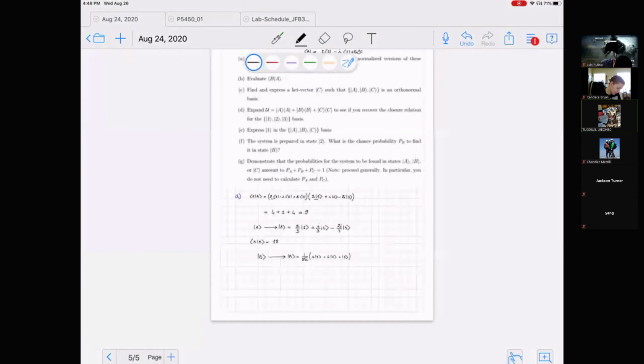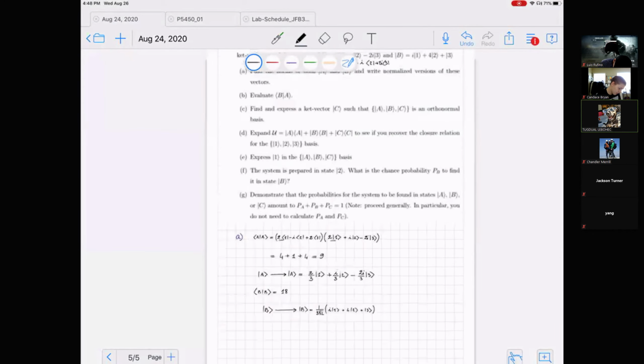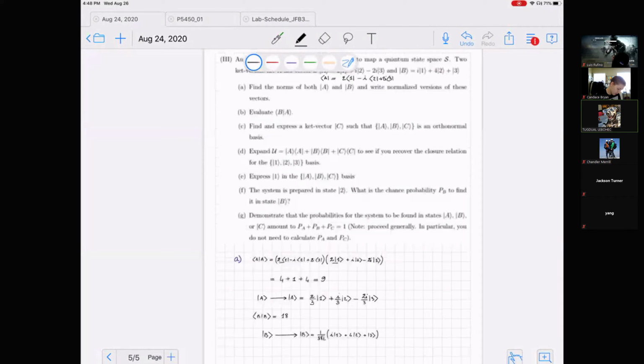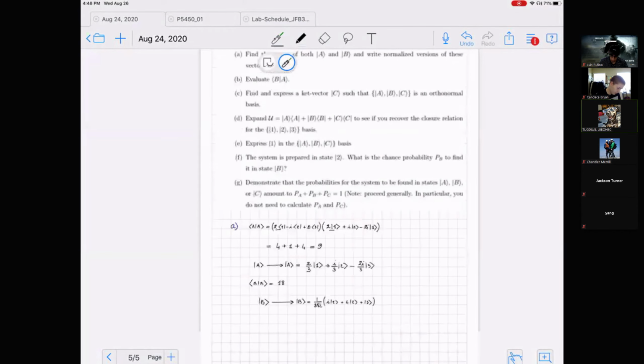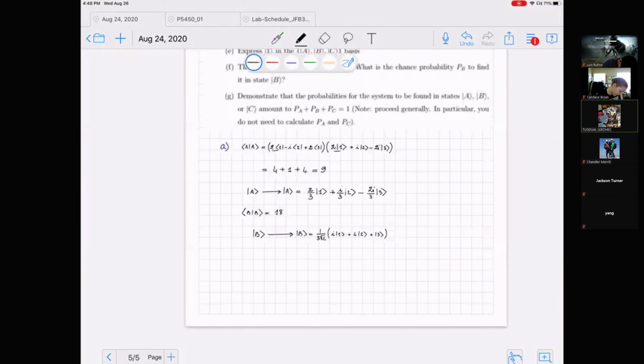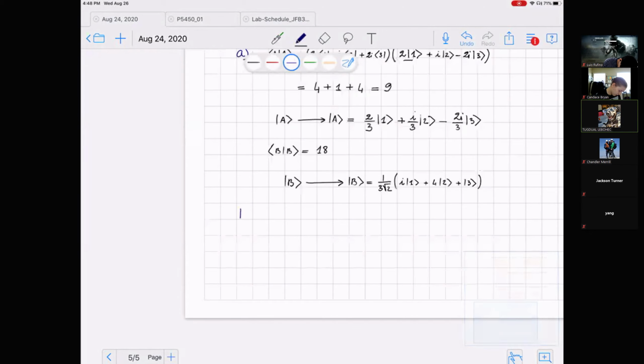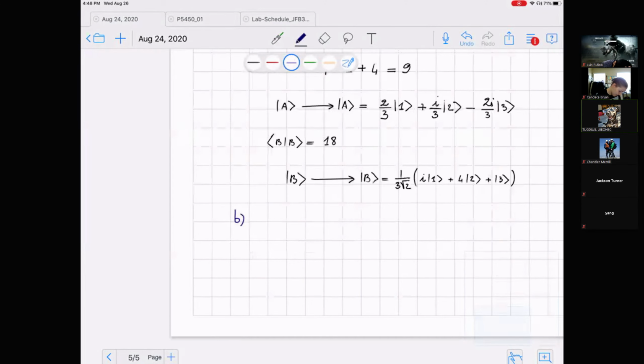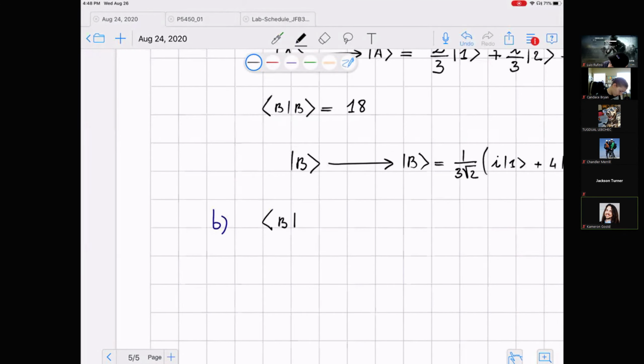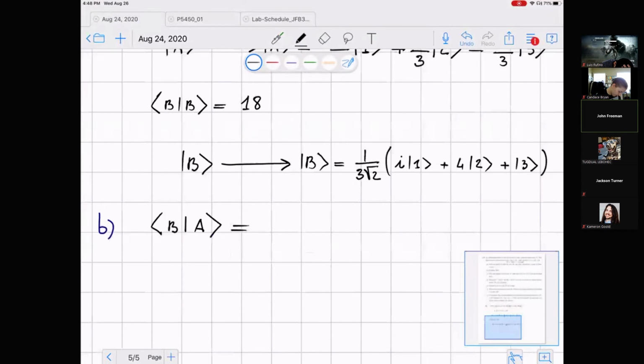Shall we move to... do we have time, or no, we still have time. Let's calculate BA. So tell me what I should write. We can just use the complex conjugate of B, right?